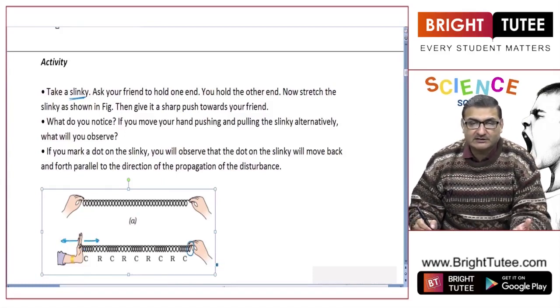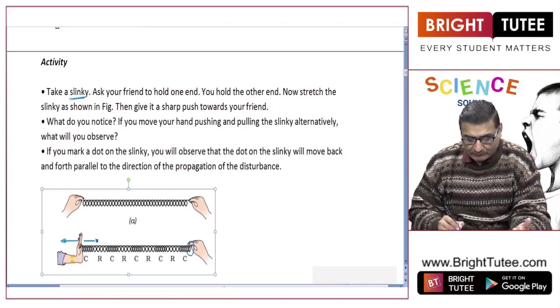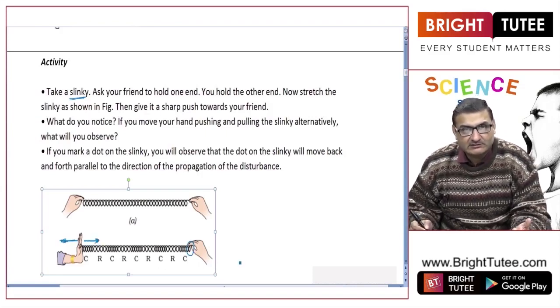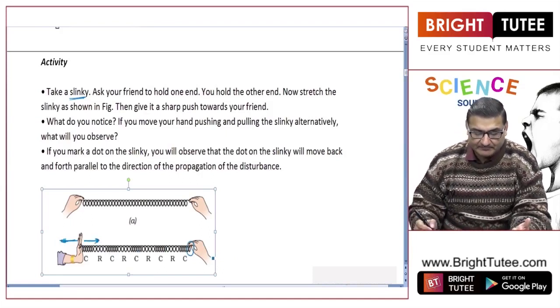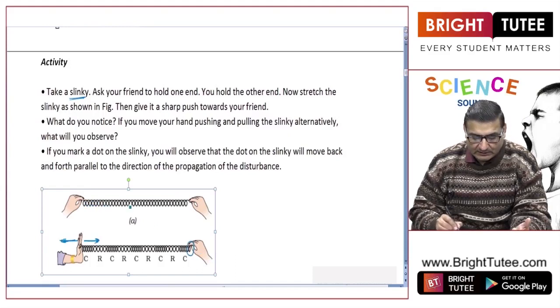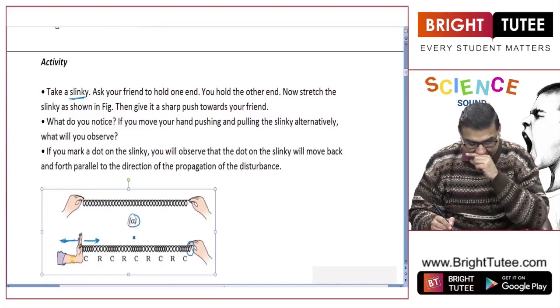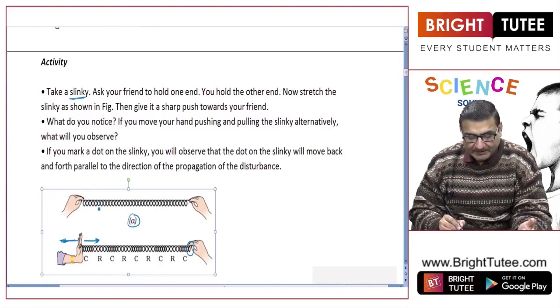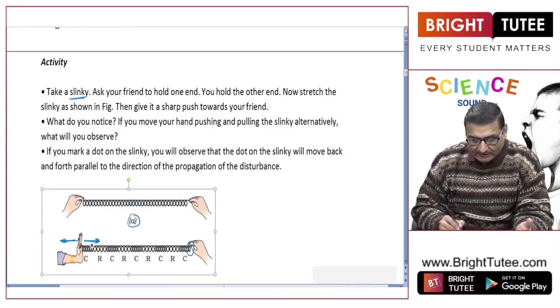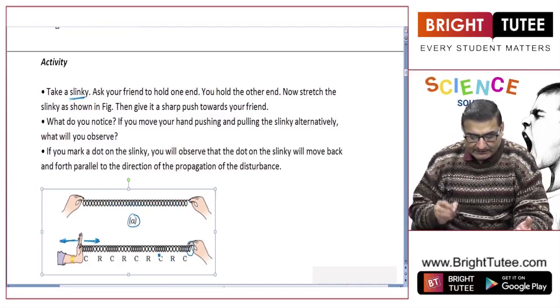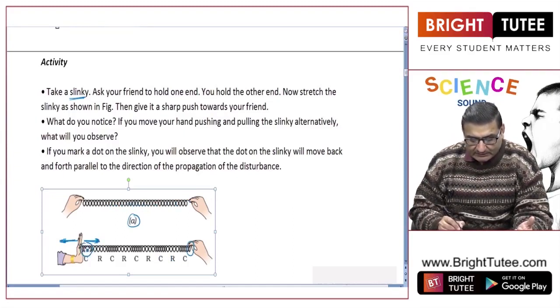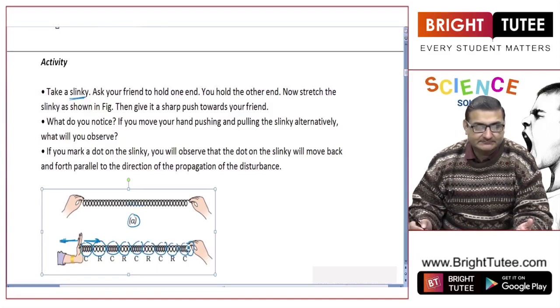Now when we observe what happened when I applied the force in either of these two directions, what I saw is this kind of representation: in the normal case, in part A we see uniformity between the distances of the turns, but when I extended or pulled it, there was a region where the turns come closer to each other, then apart from each other, closer, apart, and alternatively we see this kind of arrangement.